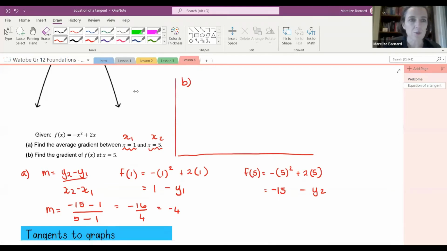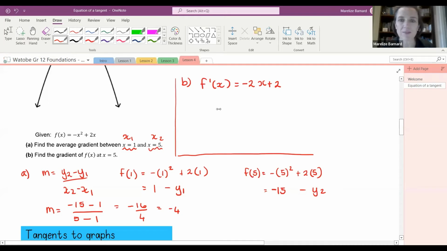Okay, so where's my equation? Let's derive first. When we derive, that's the notation we use when we are using function notation, f dash x. Our derivative is going to be minus 2x plus 2. I hope everyone understands where that came from. If you're not clear, just shout in the chat.